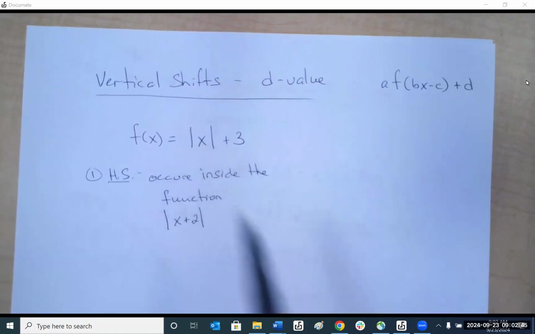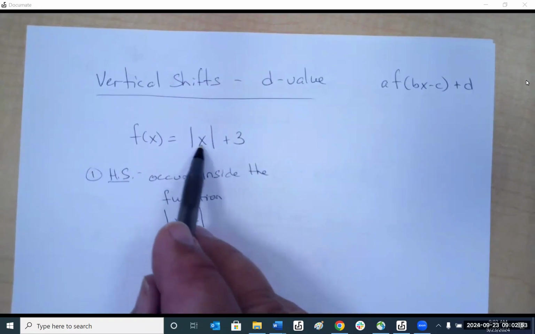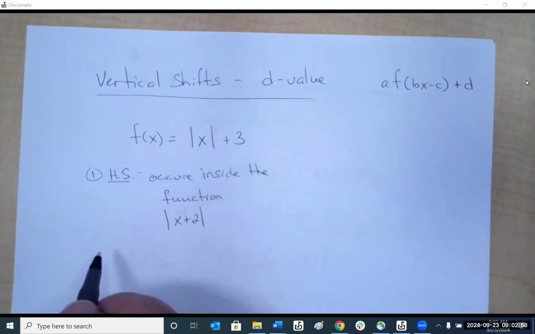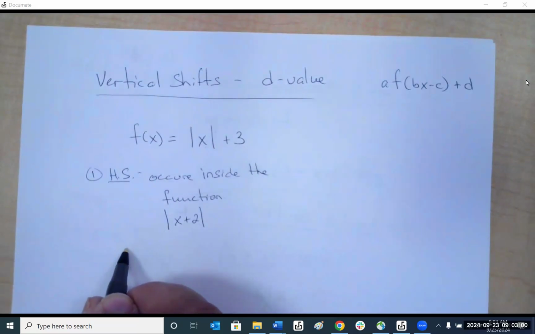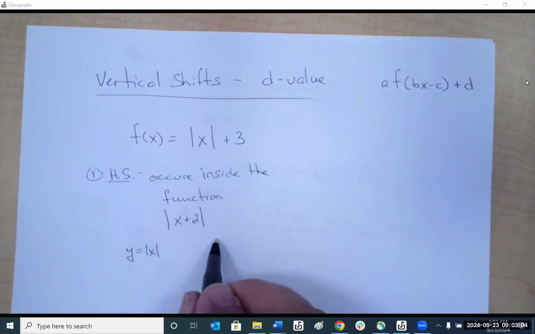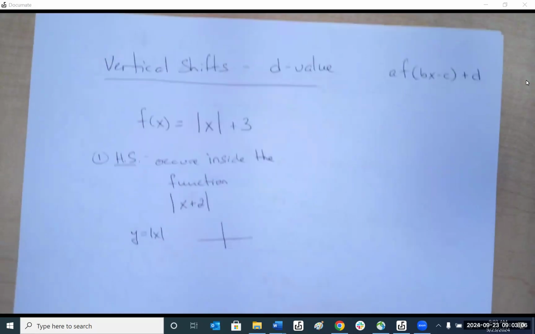So this is the function. Do we have a horizontal shift? No, there's no x plus or minus anything. What's the graph look like? What does the absolute value of x look like?